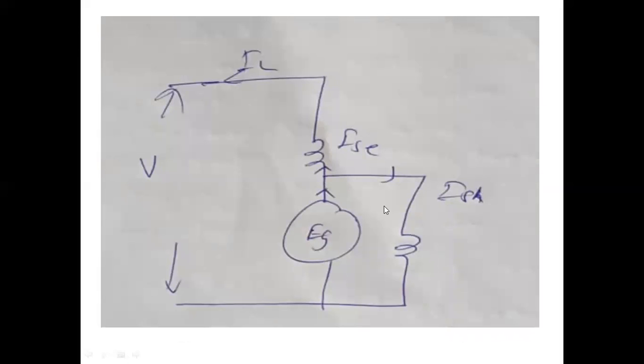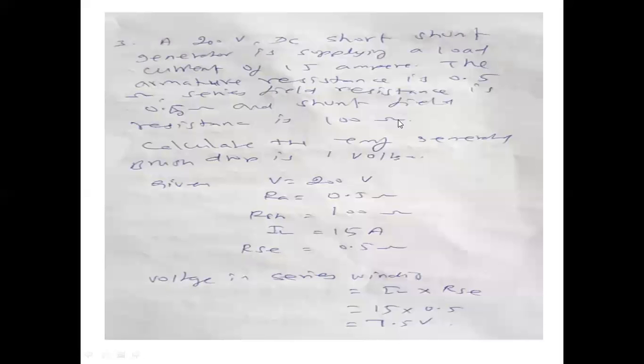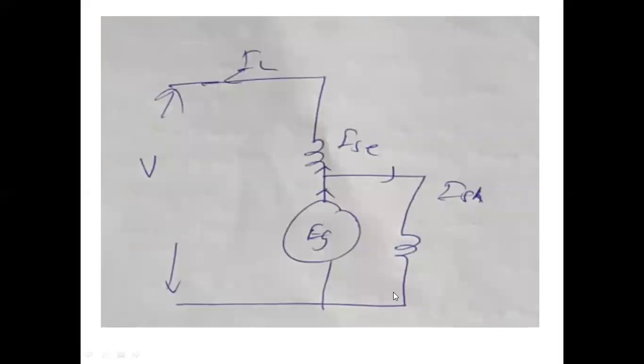We have to consider the entire series drop. The terminal voltage is given, plus the drop in the series winding, that is the voltage across the series winding. So 200 plus 7.5 is 207.5, right?